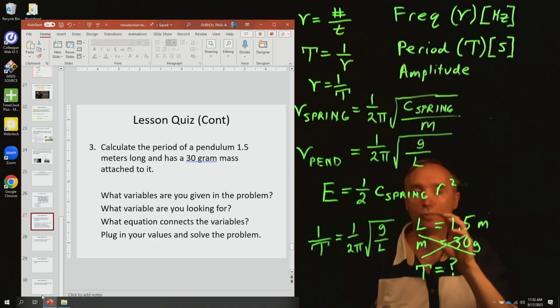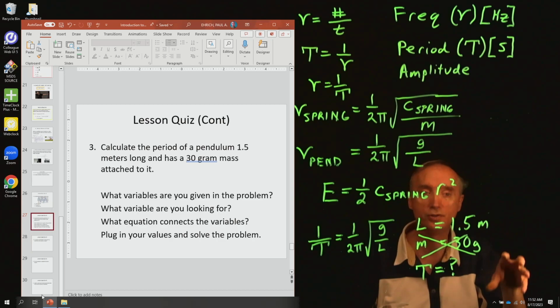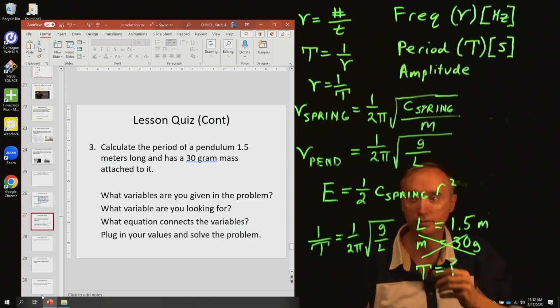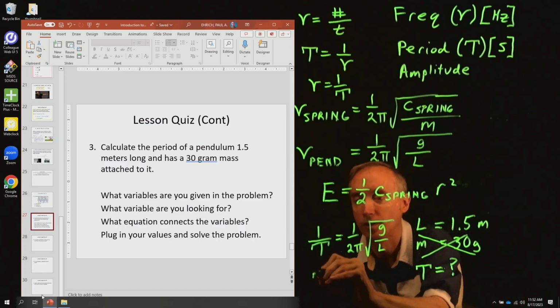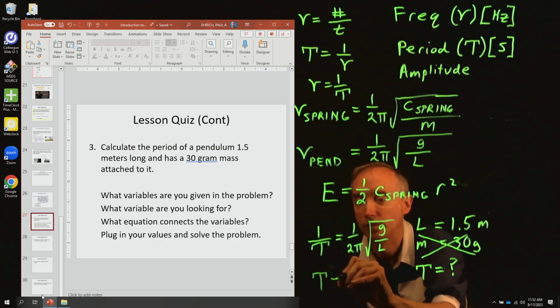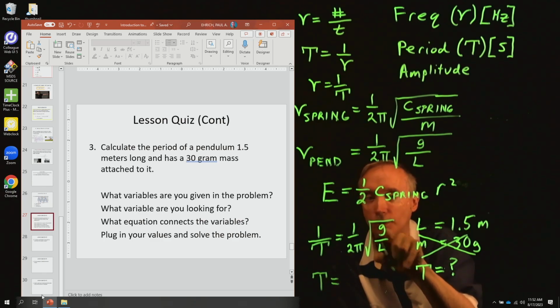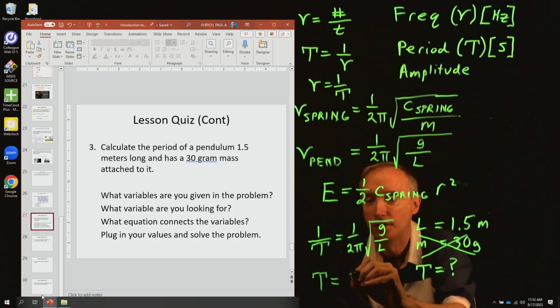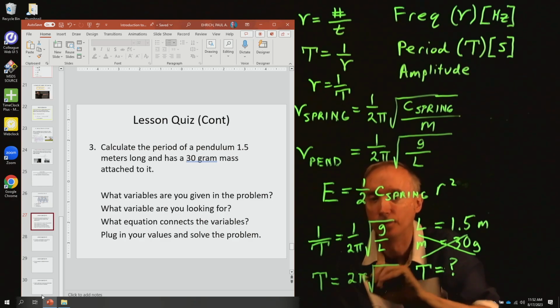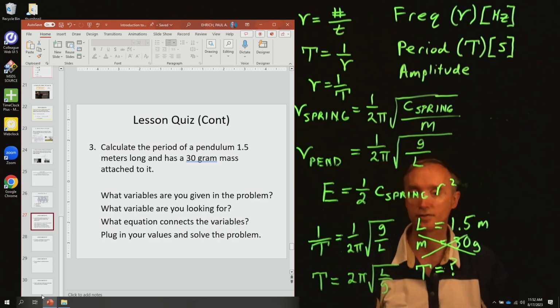Remember, whatever I do to one side of an equation, I need to do to the other side. So if I flip this, then I get the period. But if I flip this, what do I get? Then I have to flip this, so it would be 2 pi square root, and I need to flip this, so it would be L over g.